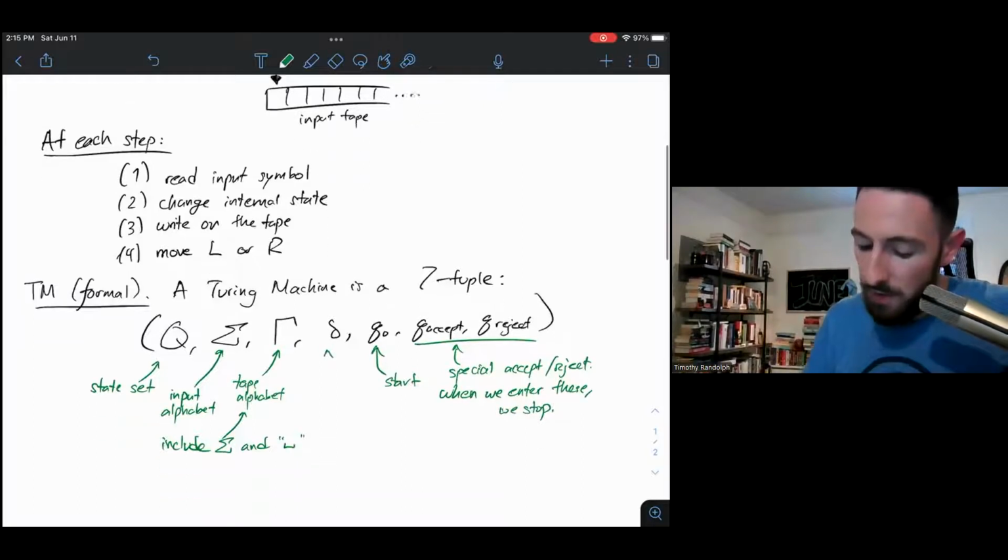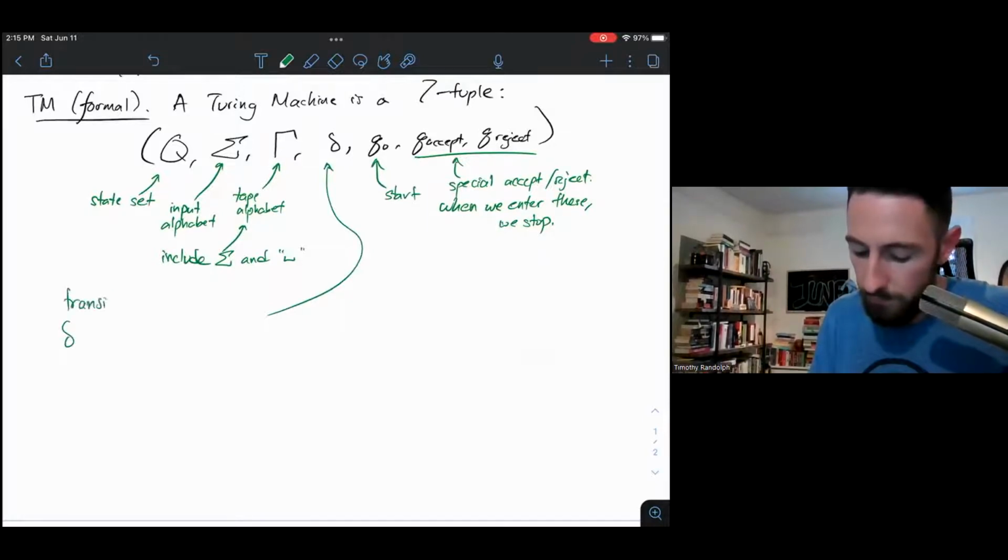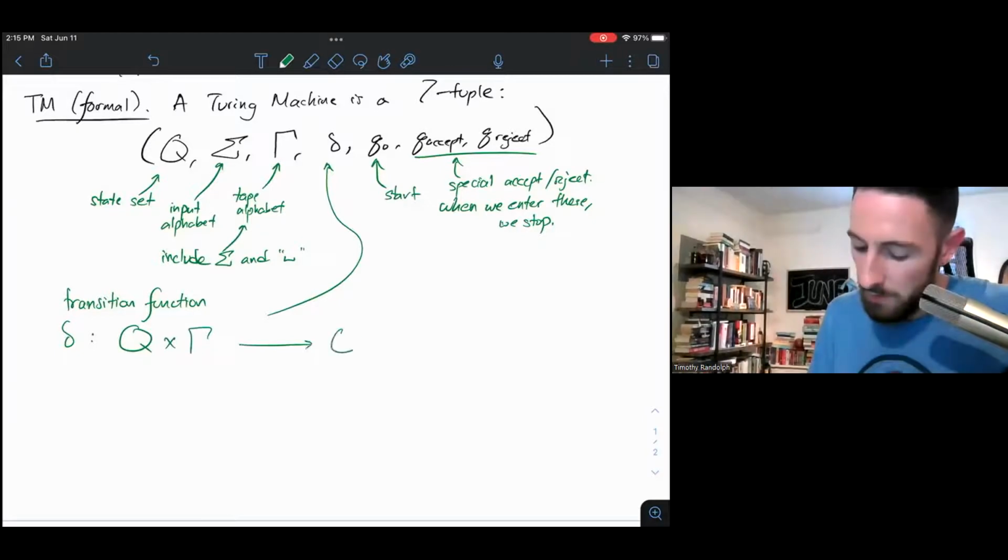Finally, as usual, the meatiest part of our definition is delta, our transition function. Delta will map from the state set and the tape alphabet to the state set, the tape alphabet, and something from the set {L, R}.